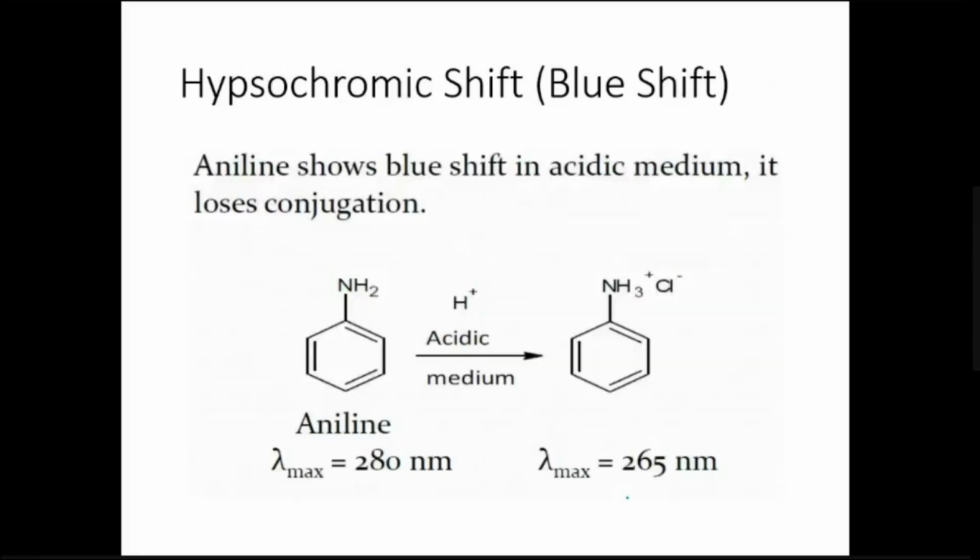Then hypsochromic shift, this is an example. You have lone pair of electron present on amino group. When you add acid, that lone pair is abstracted by hydrogen. So lone pair is not available. You have removed the auxochrome character. So the wavelength has shifted towards left to shorter wavelength from 280 to 265.